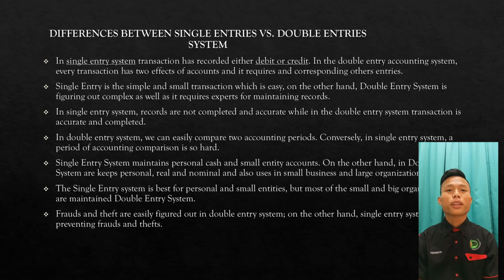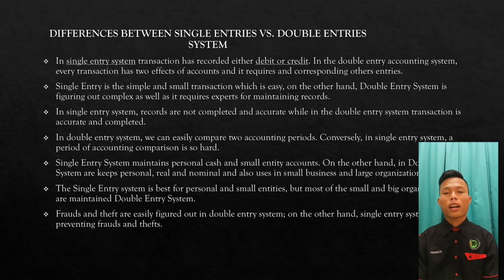In single entry system, records are not complete and accurate, while in the double entry system, transactions are accurate and complete. In double entry system, we can easily compare two accounting periods. Conversely, in single entry system, comparing accounting periods is so hard. Single entry system maintains personal cash and small entity accounts.